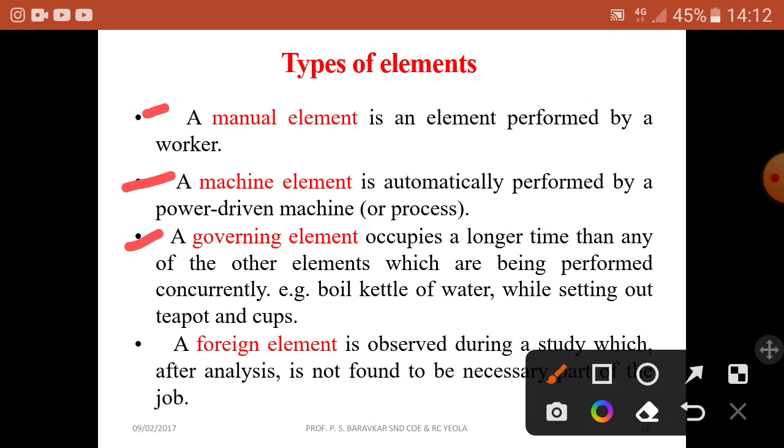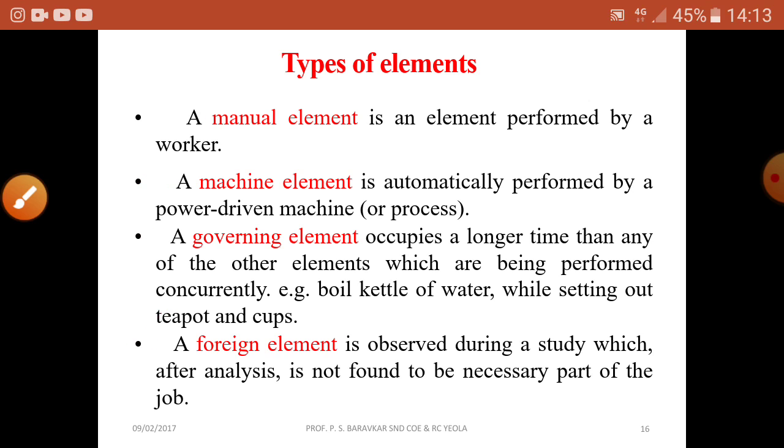A governing element occupies a longer time than any of the other elements which are being performed concurrently, for example boiling a kettle of water while setting out teapot and cups. A foreign element is observed during the study which, after analysis, is not found to be a necessary part of the job.